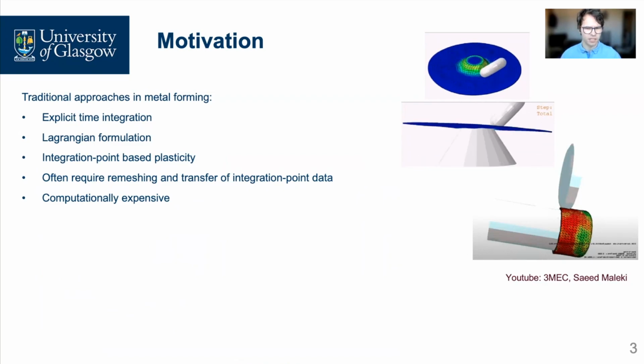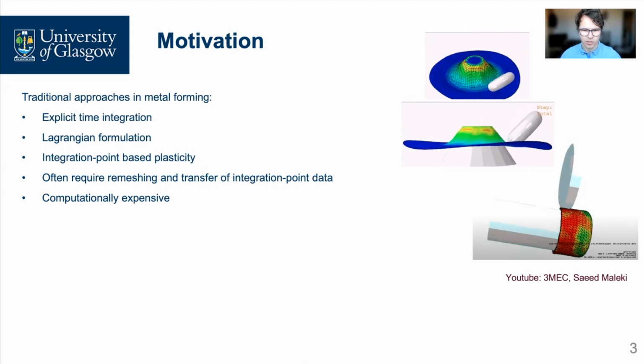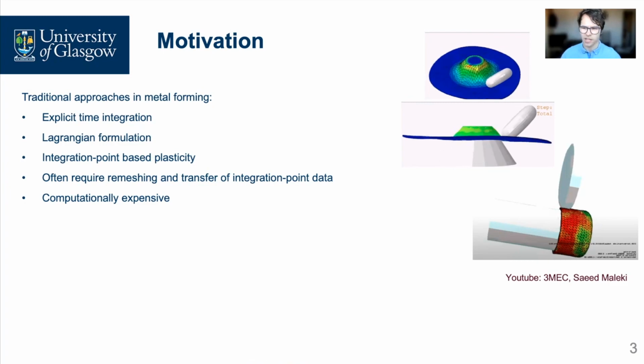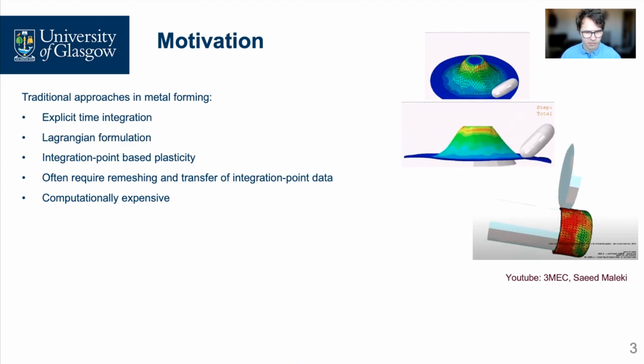They also have Lagrangian formulation, so physically moving the mesh in order to simulate the rotation, which for high rotational velocities demands very small time steps. They use the classical nested plasticity approach that often requires remeshing and projection of internal variables, compromising the accuracy. And all of that makes them computationally expensive, and therefore they do not offer sufficient accuracy and robustness for engineering purposes.